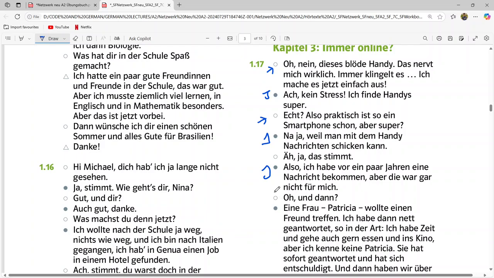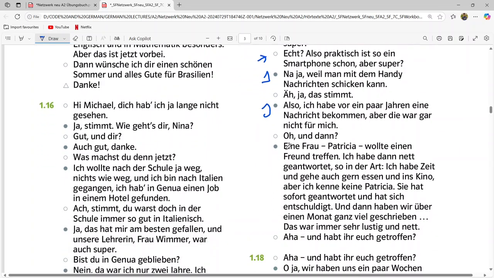So a few years ago I received a message from some person and that was not for me. And who was that? He's saying that eine Frau, Patricia, wollte einen Freund treffen. So a woman, Patricia, wanted to meet a friend. Ich habe dann nett geantwortet, so in der Art, like he answered that ich habe Zeit und gehe auch gern essen und ins Kino, aber ich kenne keine Patricia.